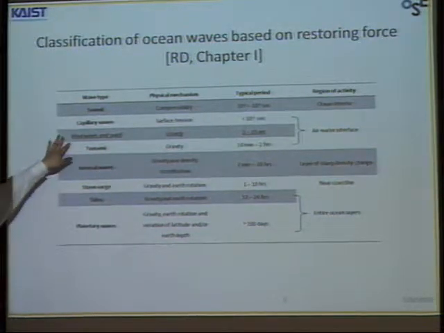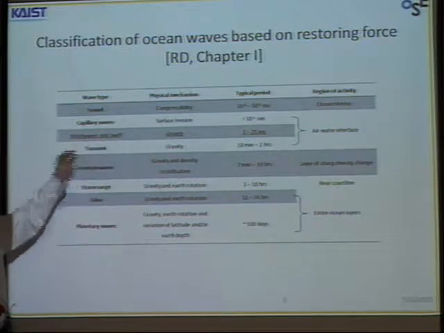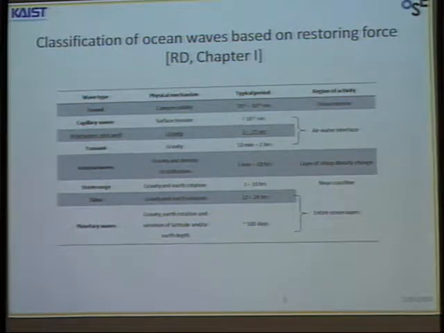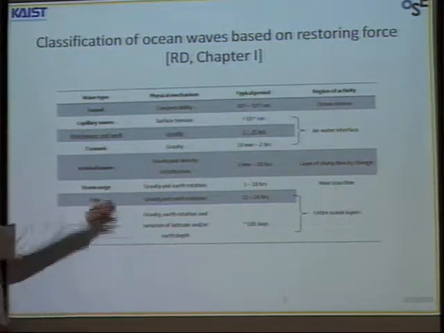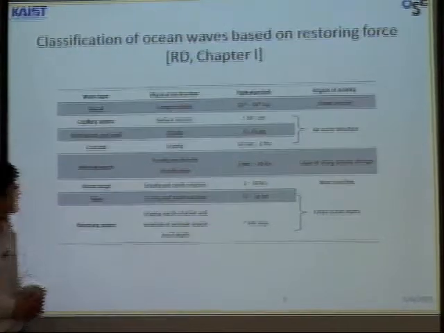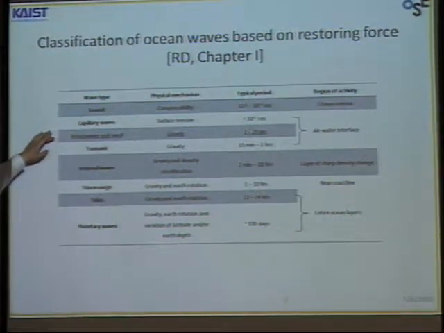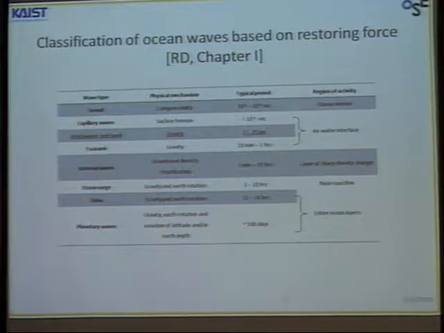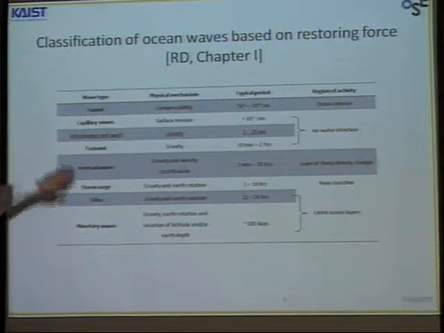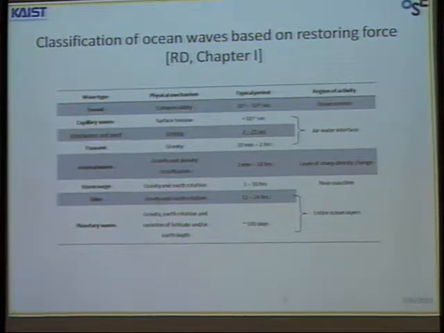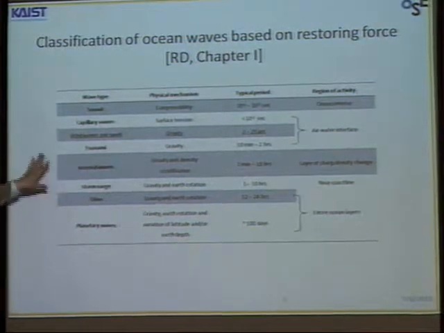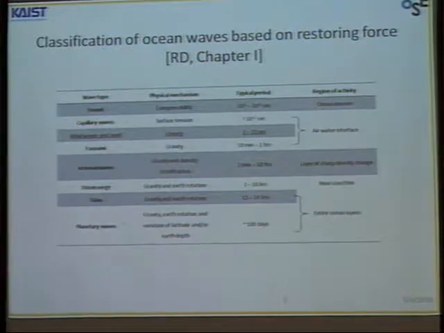And for the general waves, from a meter to 20, 30 meters, the physical mechanism is gravity. This part is on the air-water interface, the sea surface, and we're going to focus on these wind waves. There are some other things, and if you are interested, you can Google it.